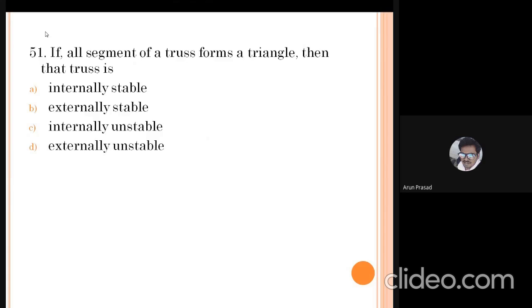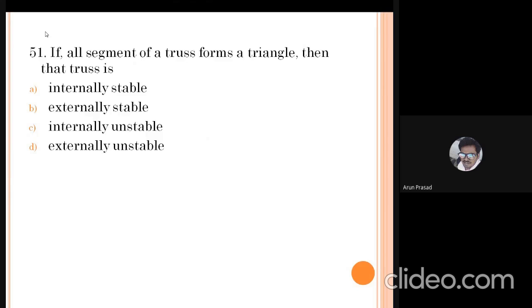So consider we have a truss. Each segment of the truss forms a triangle. Let's say each member is joined together, it will form a triangle. Then the truss will be internally stable, externally stable, internally unstable, or externally unstable.